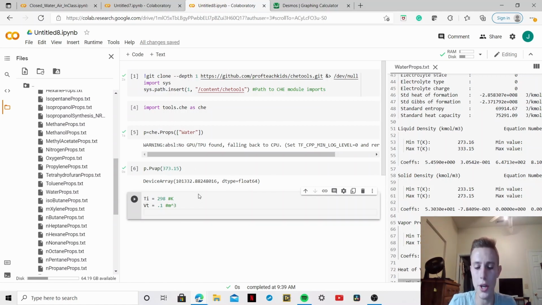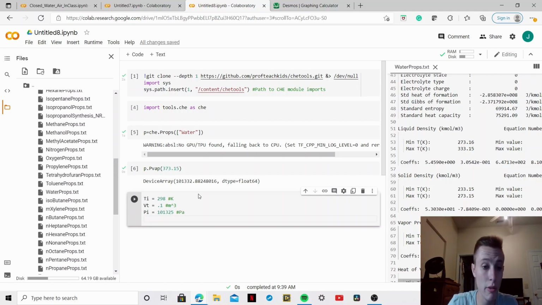We know the initial pressure to be 101,325 pascals. All right. And we know our final pressure to be equal to 200,000 pascals.